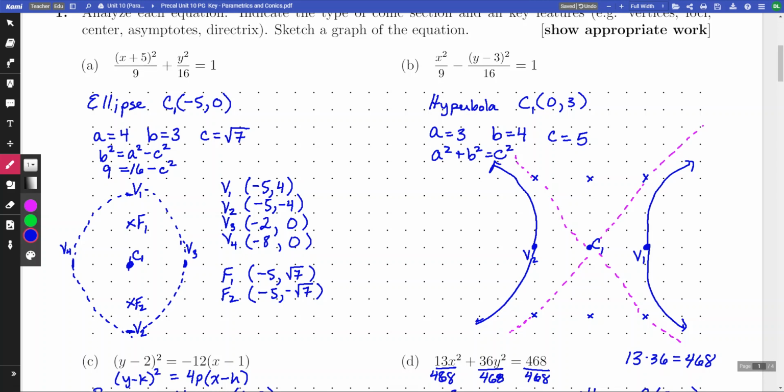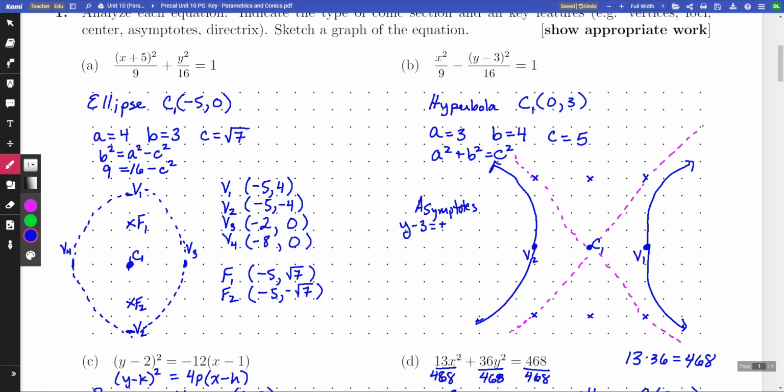I need to be able to give the equation of my asymptotes, right? So for the equation for my asymptotes, I might write this off to the side here. I'll need to get the equation for the asymptotes, which I know is going to have y minus my center y, which is 3, is equal to my slope.